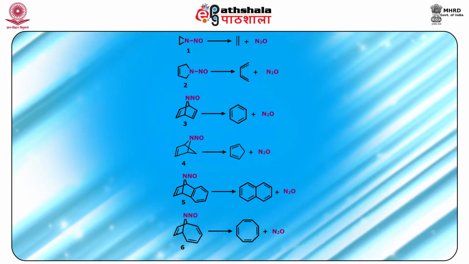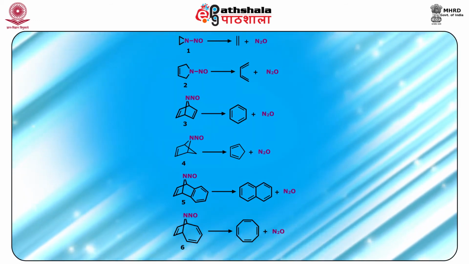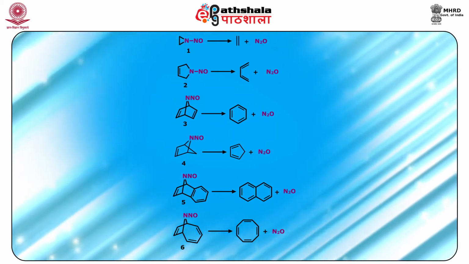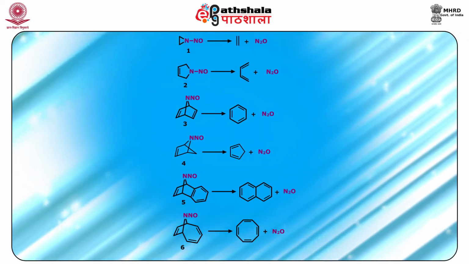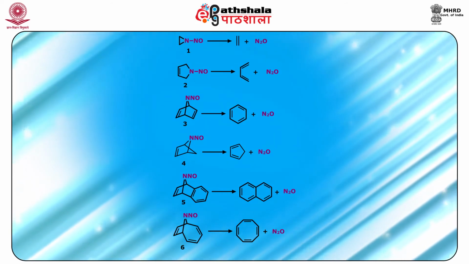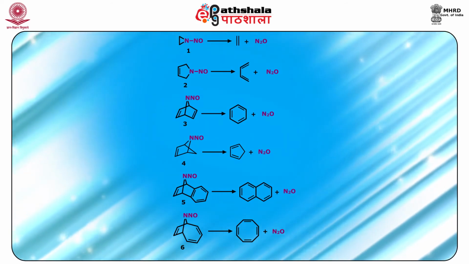In the following series of compounds, the molecules 1, 2, 5 and 6 were found to be thermally stable and thus do not undergo fast cheletropic fragmentation.